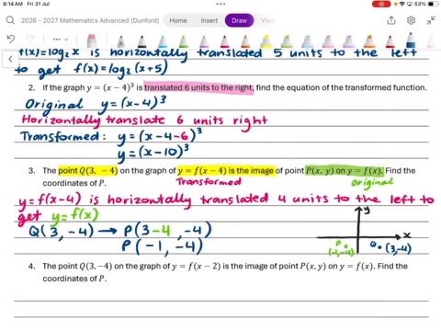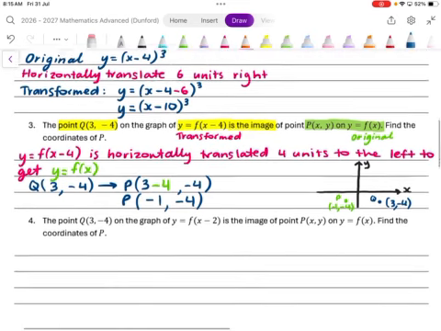Now, horizontal translations are tricky to wrap your head around and to make sure you're getting correct. That's why we like to draw a little image off to the side. So my P was my original point. To get to Q, it was transformed and moved to the right because of the -4. So to get back, we've moved it to the left. It will make more sense as you practice it.